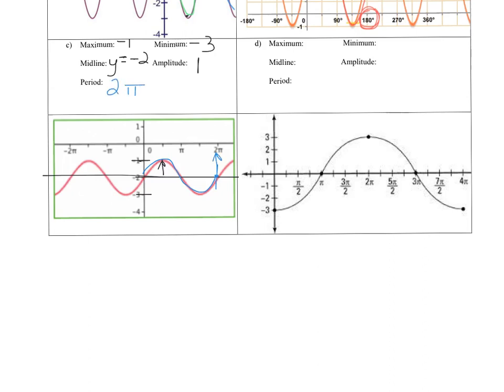On my last one, the maximum, and it's kind of hard to tell, but we're going to say it's 3. Minimum is -3. Right in the middle is y equals 0. Amplitude is 3. And the period, if I trace out this whole thing, that's 1 cycle. If I kept going, we'd start that same pattern again. So that's 4 pi for the period.